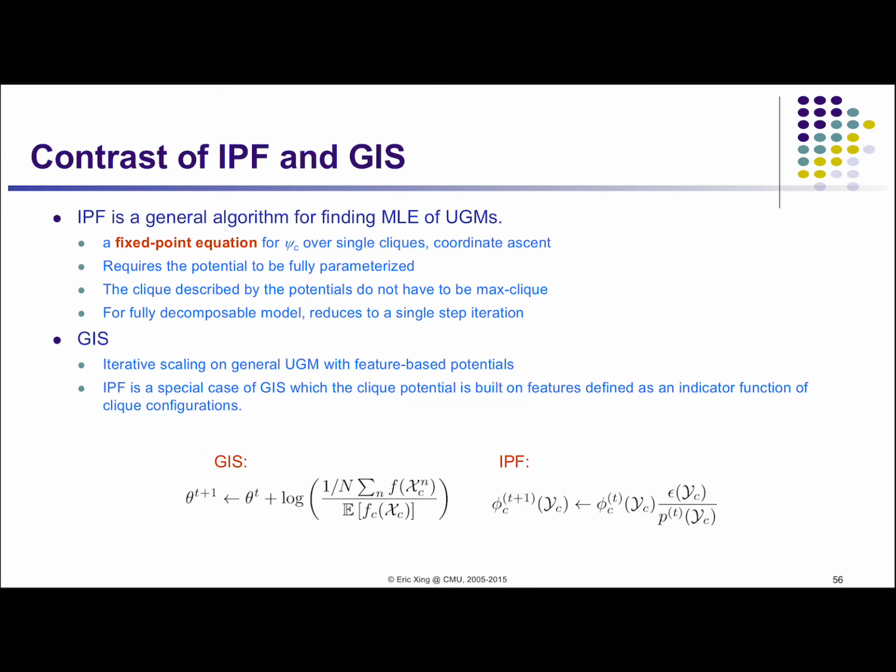And why I'm saying this is like GIS, remember it is like IPF. Remember in IPF, we had this condition at the optimum, which is multiplied by the current estimation and gives us an update. We have something similar there, except that you take a log of this.